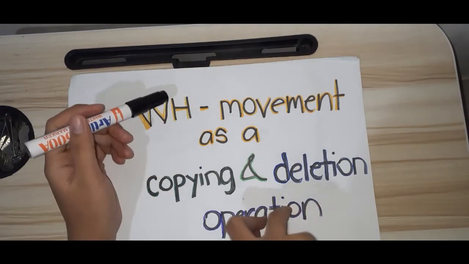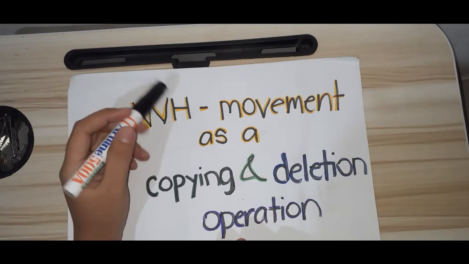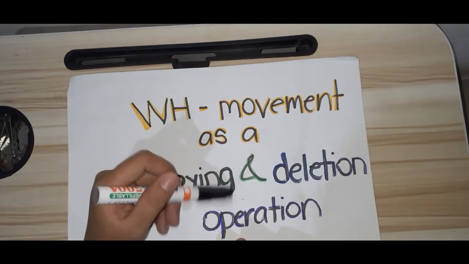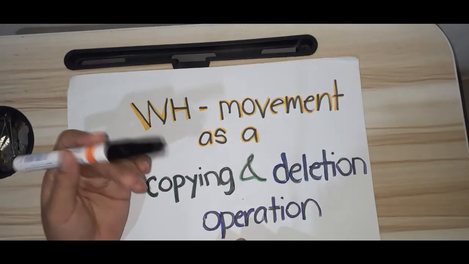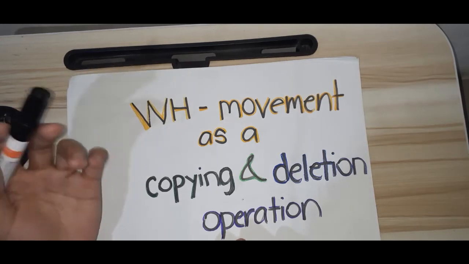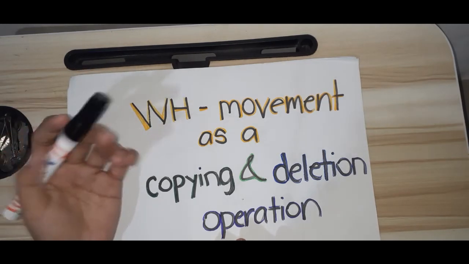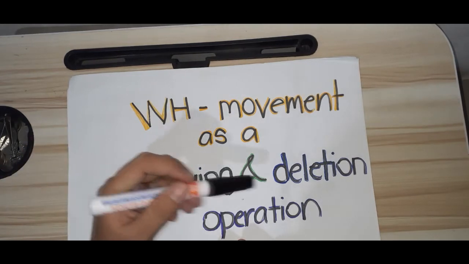So I have here WH movement as a copying and deletion operation. This enables us to provide a principled answer to this question. We have two sub-operations, copying and deletion.